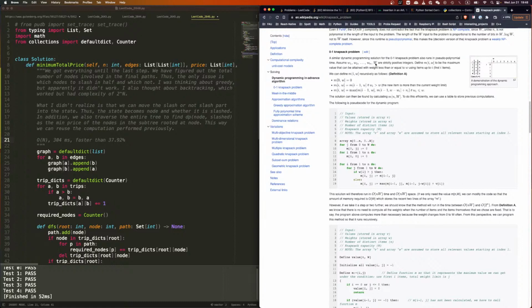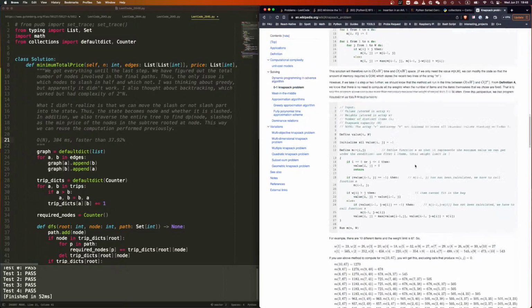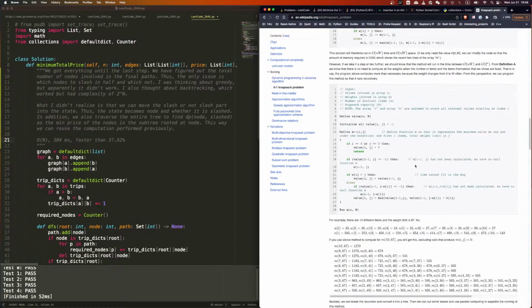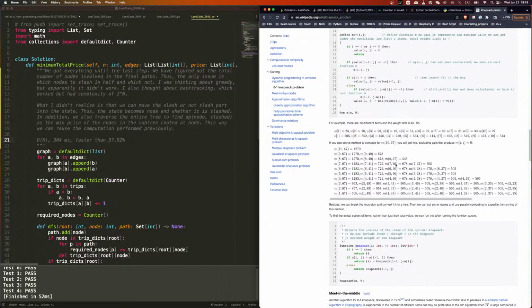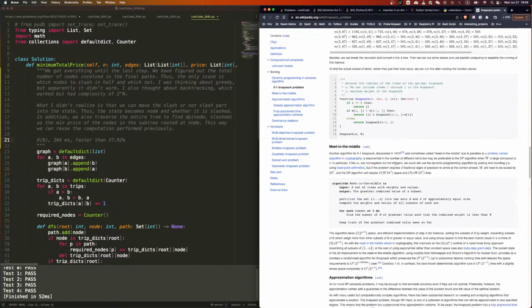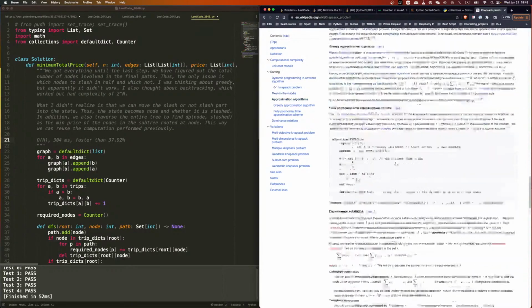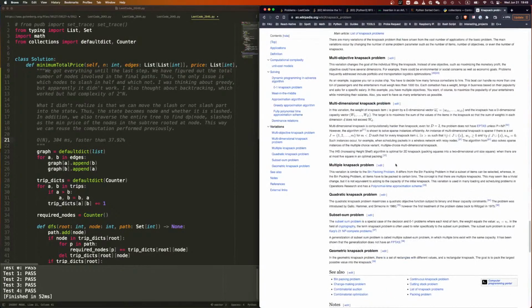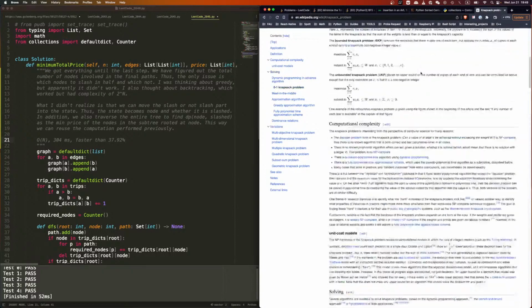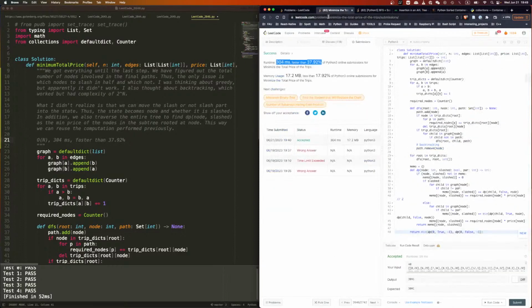You have w as a restricted positive integer. Yeah, n is total. Yes, that's correct. This is what I had in mind. This feels like a knapsack, right? Because you can either do it or not do it.